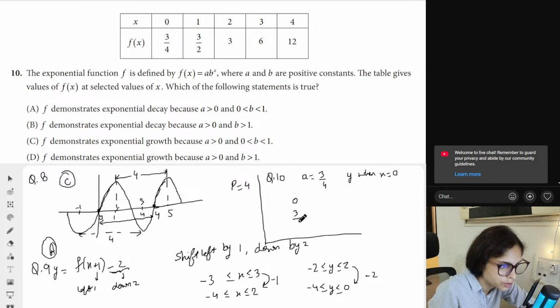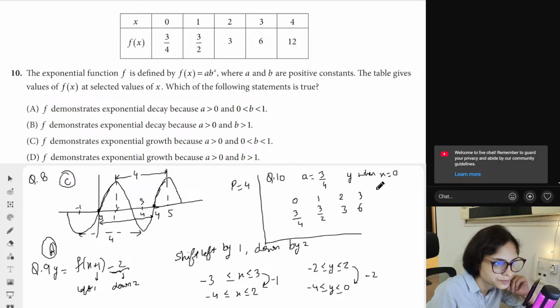So if you see from the table, at 2 it becomes 3, at 3 it becomes 6, and at 4 it becomes 12. Correct. So you're multiplying by 2, so the value of b is 2. So a is 3/4, that means a is positive, b is 2, that means b is greater than 1.